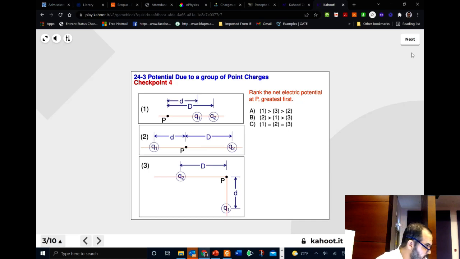Remember, before we did this for the magnitude of the electric field. I want you to do it for the electric potential. So here you have choices A, B, and C. I'll give you 20 seconds to think about it.